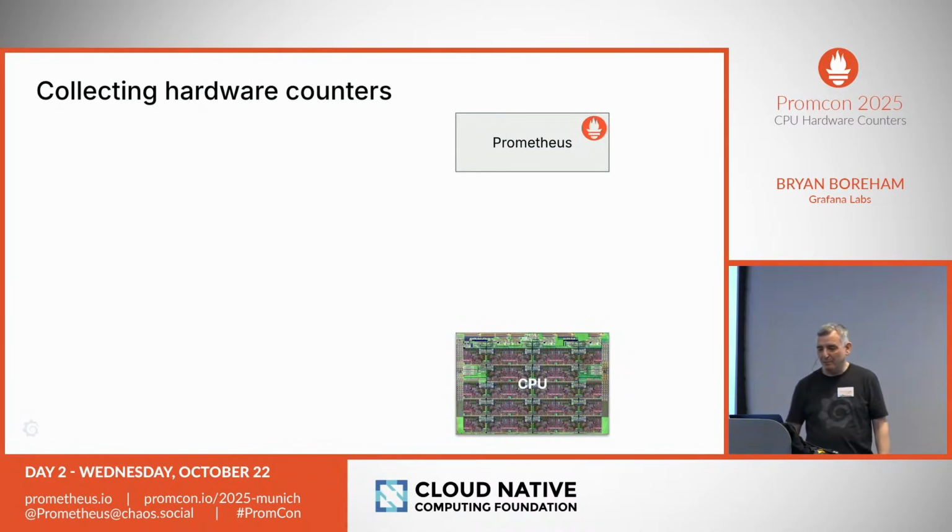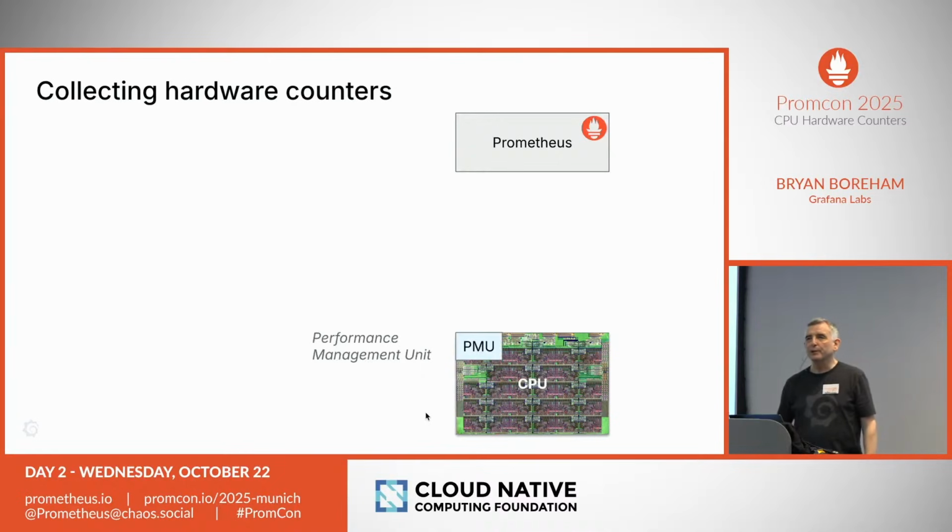So I've drawn a CPU at the bottom of the picture and a Prometheus at the top of the picture. And we'll walk through how these things connect up. The first part to talk about is the PMU. This is a section on the chip. It is roughly there.